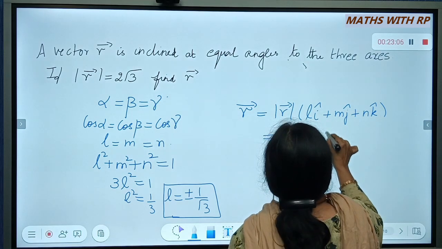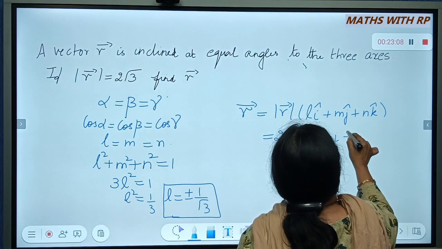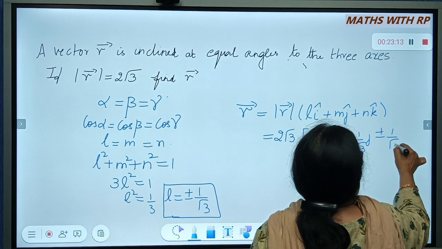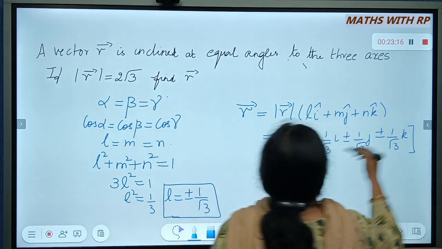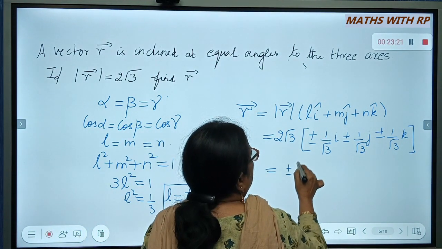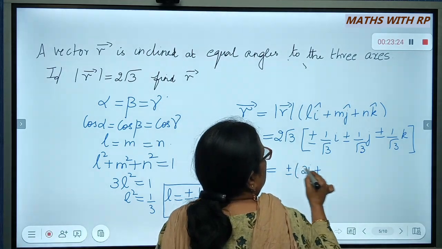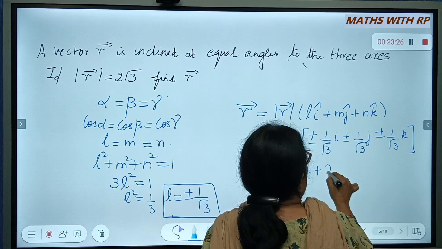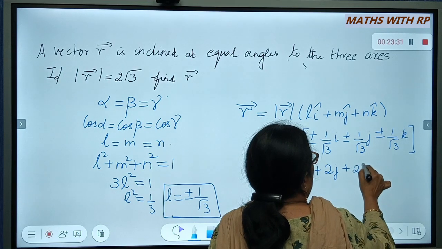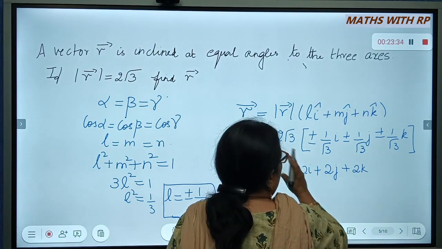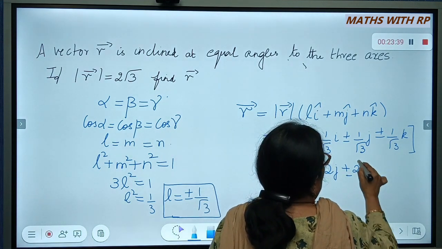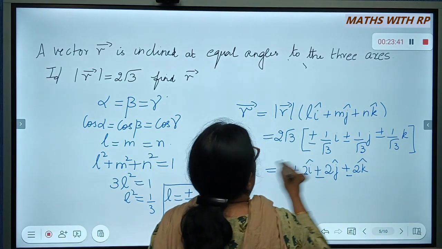Plus or minus 1 by root 3 i plus or minus 1 by root 3 j plus or minus 1 by root 3 k, as L equal to M equal to N. So the root 3 gets cancelled, plus or minus 2i plus, what will you get? 2j, okay, plus 2k. In fact, I can write it as plus or minus 2i plus or minus 2j plus or minus 2k. This is our R vector.